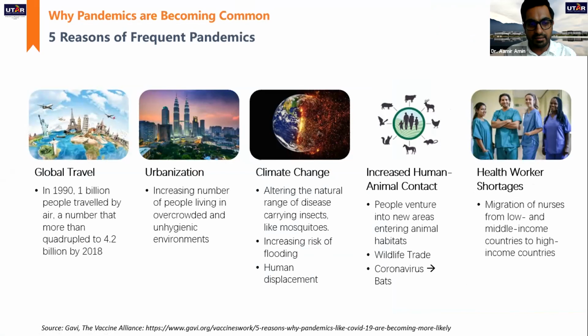Now, the first factor which has caused the pandemics to be frequent is global travel. We all know that people are traveling nowadays, probably just for the sake of traveling, or for work, or because of immigration as well. A lot of people are traveling. If we compare 2018 with 1990, the number of people traveling has quadrupled: 4.2 billion people were traveling by 2018 compared to only 1 billion in the 1990s.